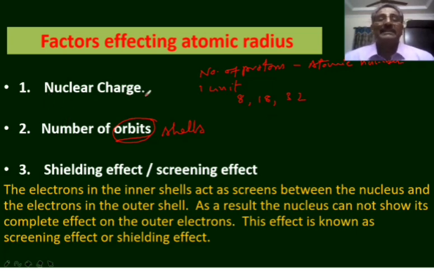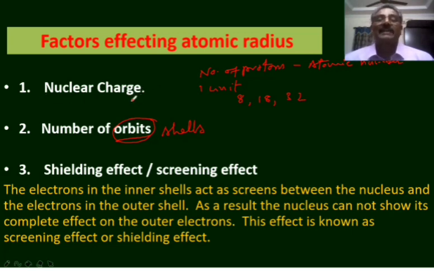As the atomic number increases, that is the nuclear charge increases, the force of attraction of the nucleus on the valence shell electron also increases. The force of attraction of nucleus on the valence shell electron increases as the nuclear charge increases.